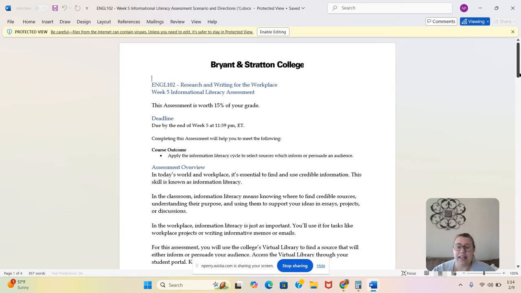The purpose is to think about using credible sources, sources that are going to do the job that you want them to do. Regardless of whether it's for this class or a different academic class or in life, it's really important to use evidence that is going to work with your audience.